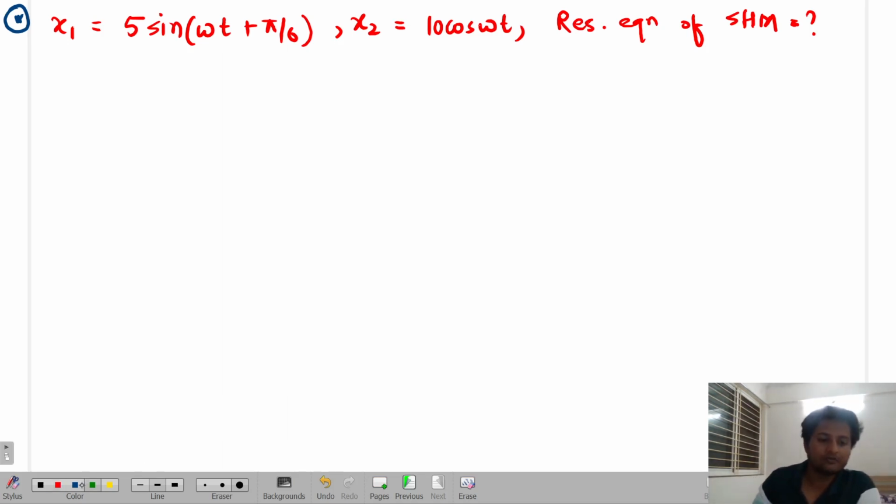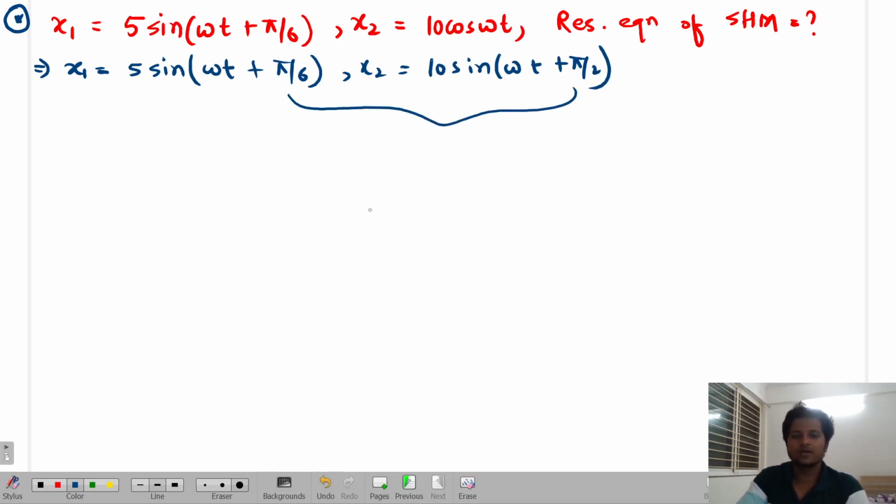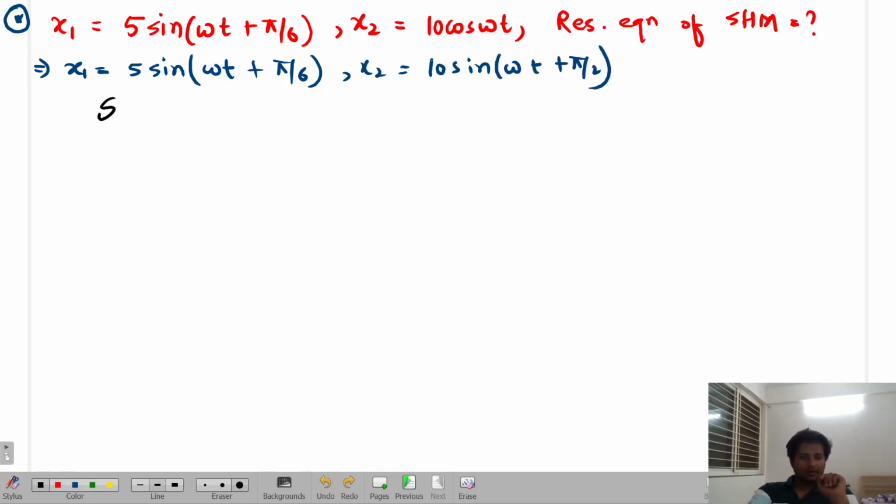Acha, 1 minute. If I want to write, the equations will be written as x1 is equal to 5 sine omega t plus pi by 6. x2 will be 10 sine omega t plus pi by 2. यही होगा ना? Now here are two different initial phases or not? So delta phase difference will be how much?